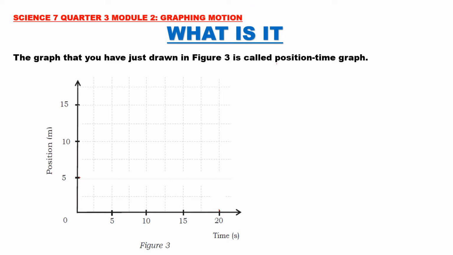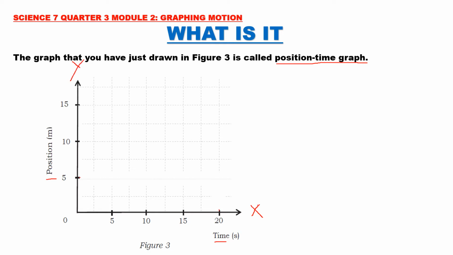So we call this graph a position time graph because position is plotted in one axis and time is plotted on another. So time is plotted in the x-axis or the horizontal line, and then your position is plotted in the y-axis.